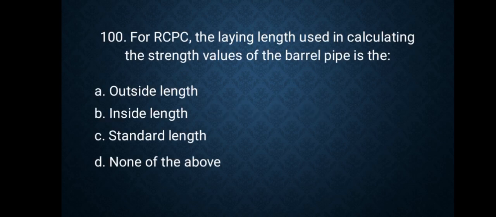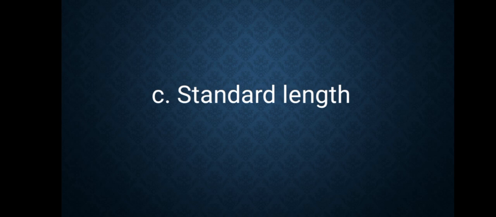So last number is for RCPC, the laying length used in calculating the strength values of the barrel pipe is the A, outside length, B, inside length, C, standard length, D, none of the above. So the answer of that is C, standard length. Because laying length, also called fitting gain, is the distance from the bottom of the socket to the center line of the intersecting pipe.